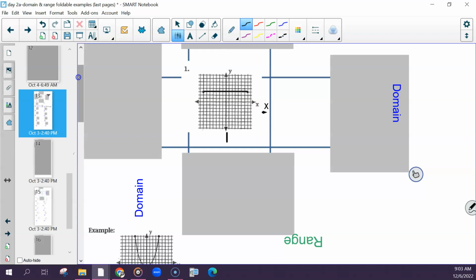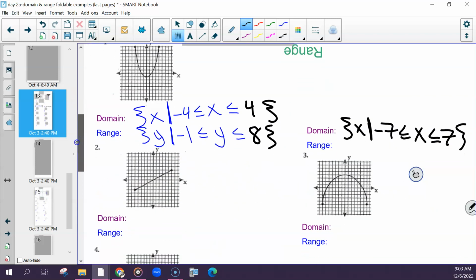Gina. 3. So we would write this as, still start off the same way, curly brackets, y such that, but because there's only one place it ever touches, this would be y equals 3 in curly brackets.